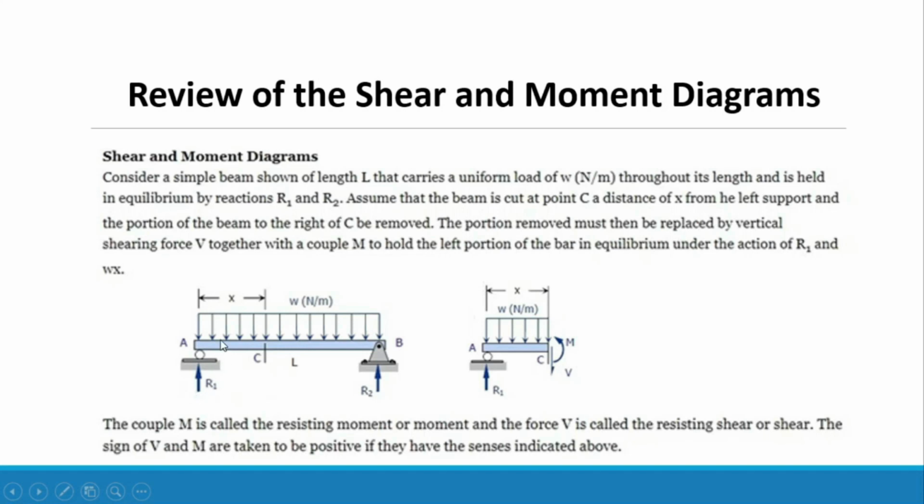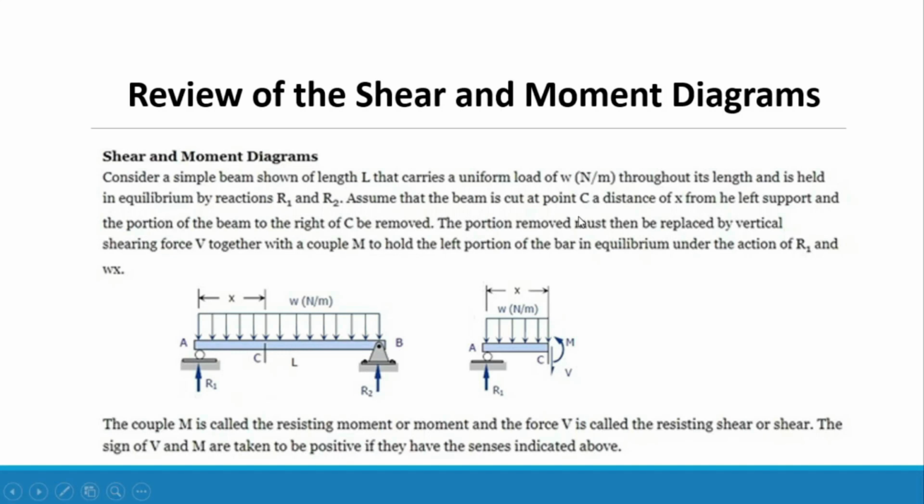So R1 is at support A, which is a roller, while R2 is at support B, which is a hinge. So a combination of two supports with a roller and a hinge is a determinate beam, and we can find the values of R1 and R2 using the summation of forces or the equilibrium equations.